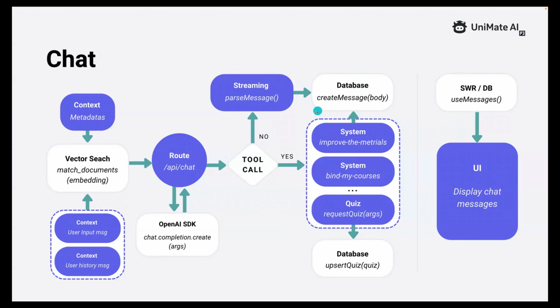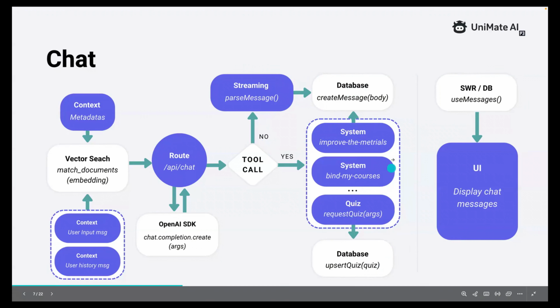But what if the AI finds that the user's question is special? Like when you ask for a quiz, or you ask something the AI doesn't have the context to answer properly, then it will take the yes path, triggering a tool call such as request quiz on our backend, and it will save the result to our database as well.